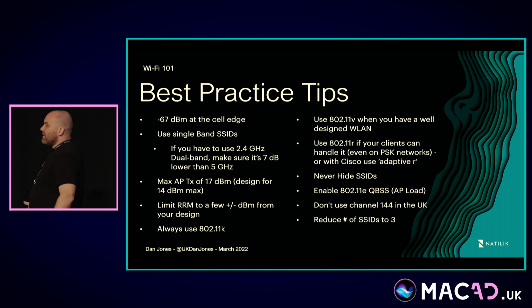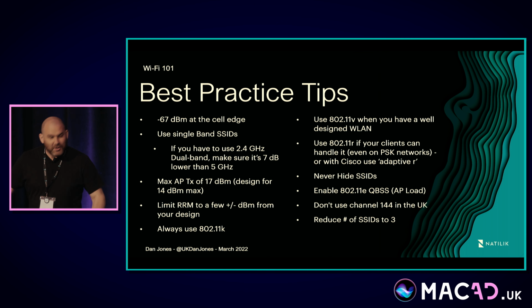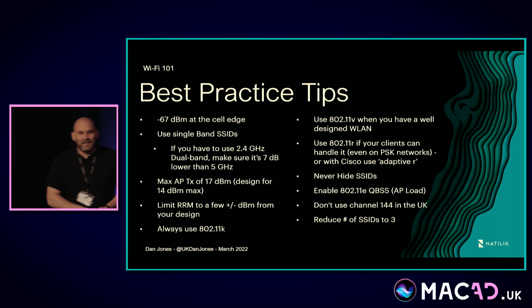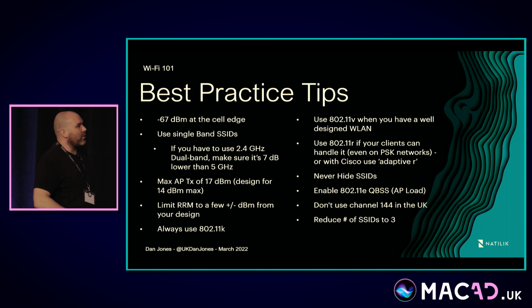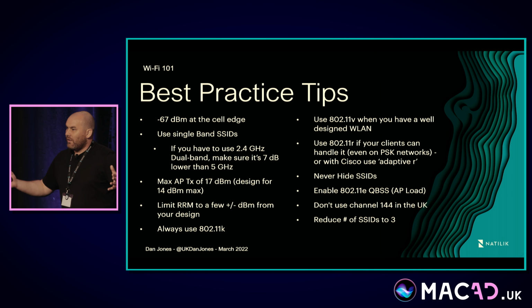Why would I pick neg 67? Anyone? Correct, because the iOS trigger is neg 70. And remember, that's double the power. So we want to have it so that I don't hit the cell edge and all of a sudden I've got nowhere to go and then my phone has got a bad experience.